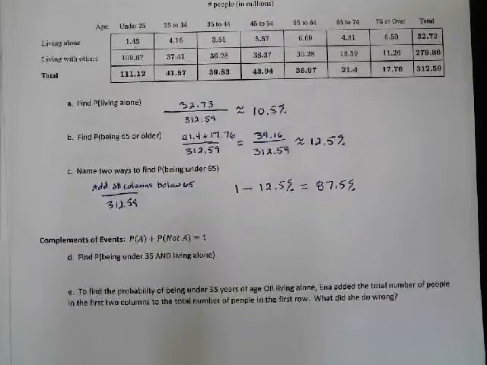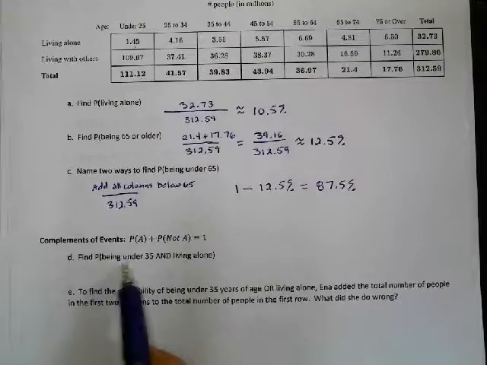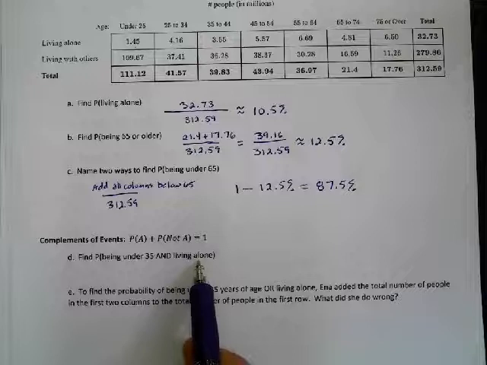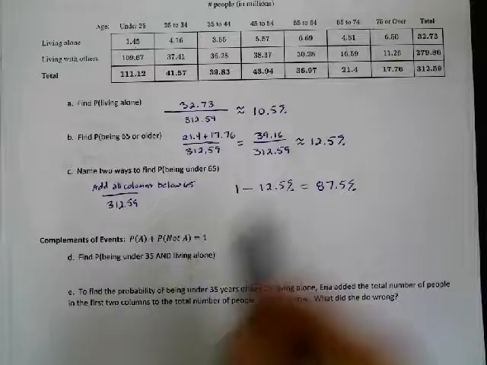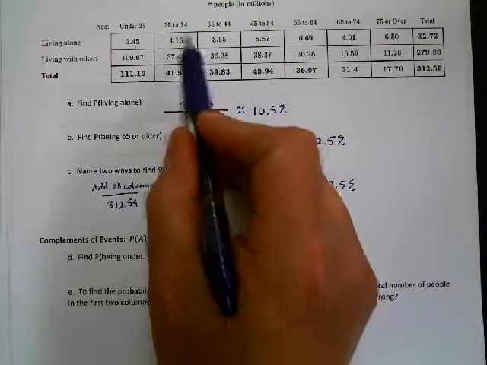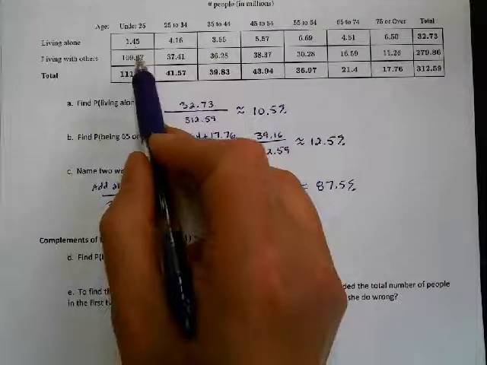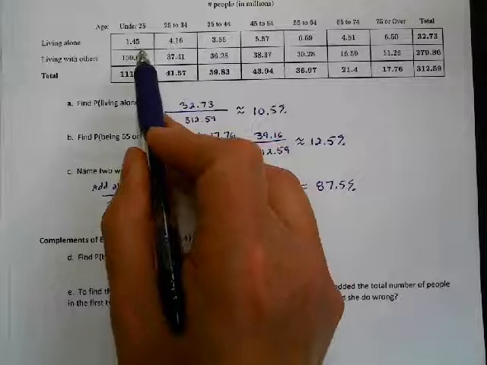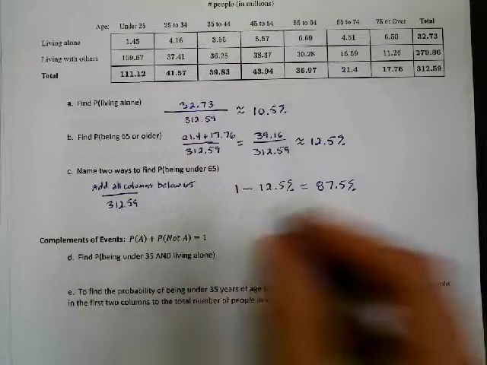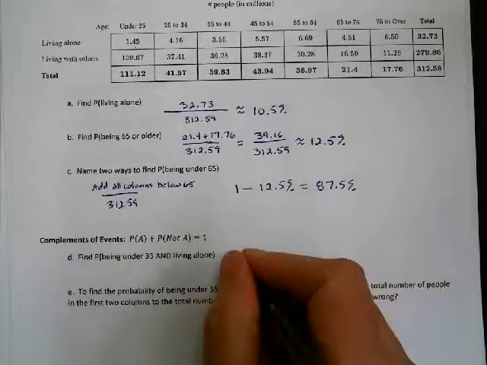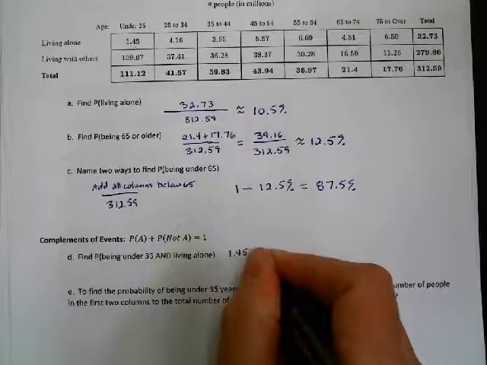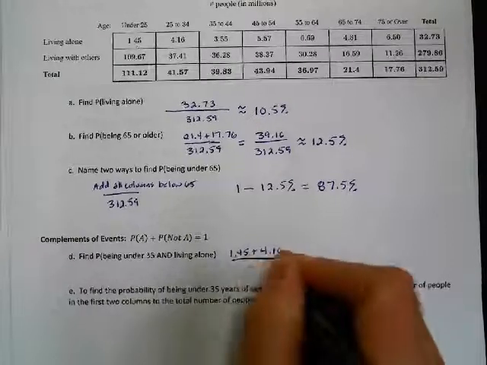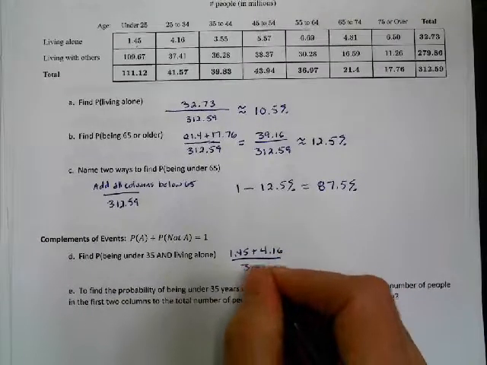What's the probability of being under 35 and living alone? Under 35, that would be these two columns, and living alone, so that would just be these two. They live alone and they're under 35. So I would do 1.45 plus 4.16 over the grand total of 312.59.